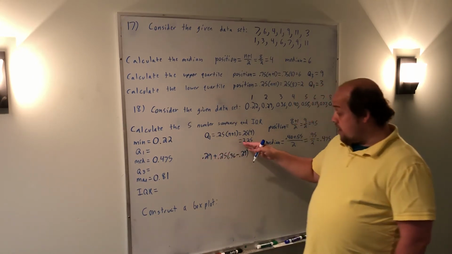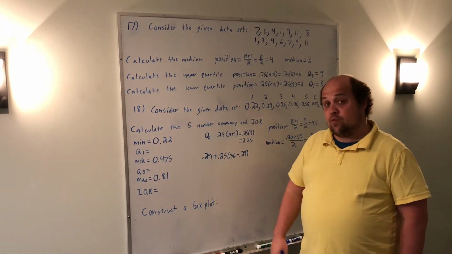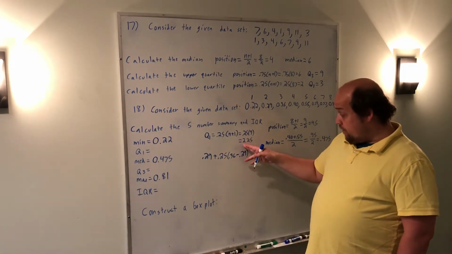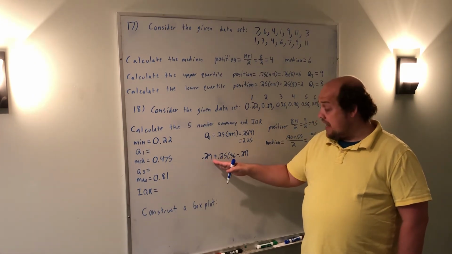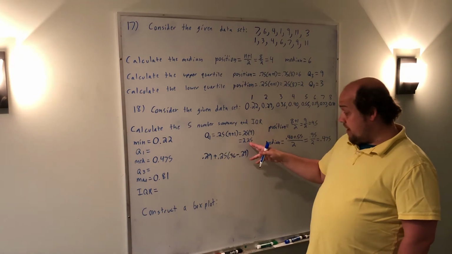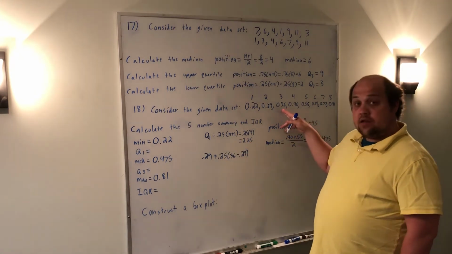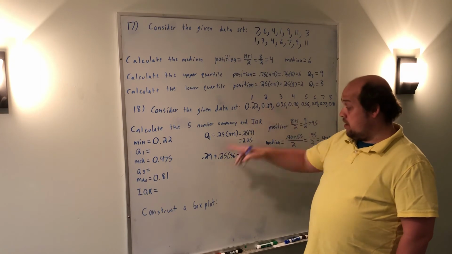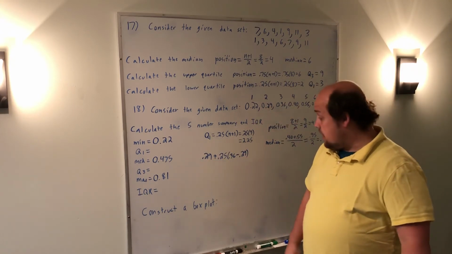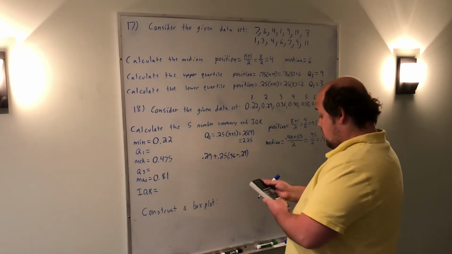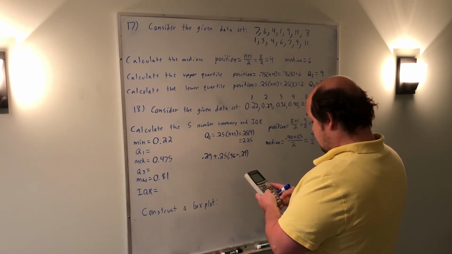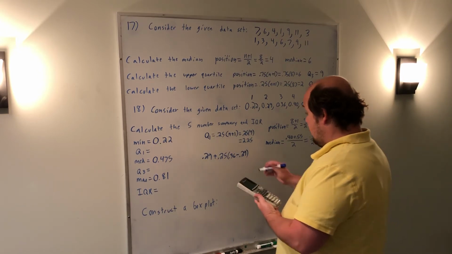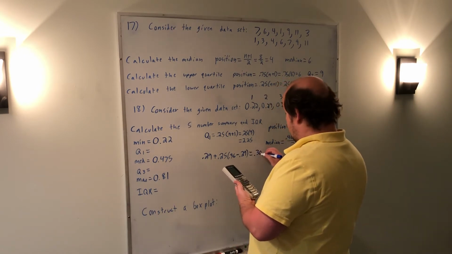So again, the way I read this number with a decimal when it's for Q1 or Q3, the number in front is the data point I start at, and then I add to that whatever the decimal amount is, the next number in sequence minus the number that I started at. If I put this all into my calculator, 0.29 plus 0.25 times 0.36 minus 0.29, I get an answer of 0.3075.